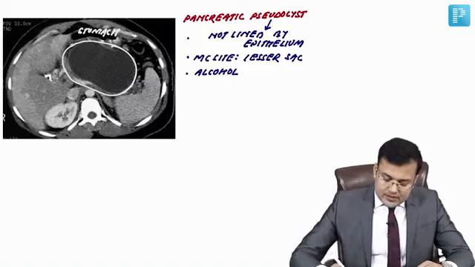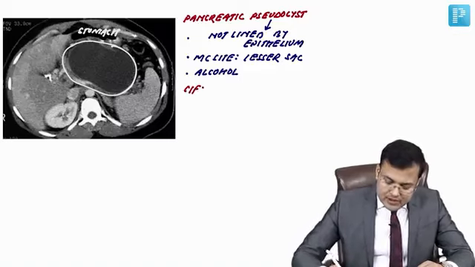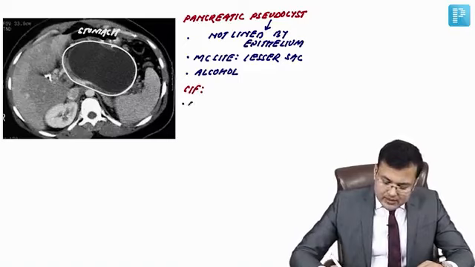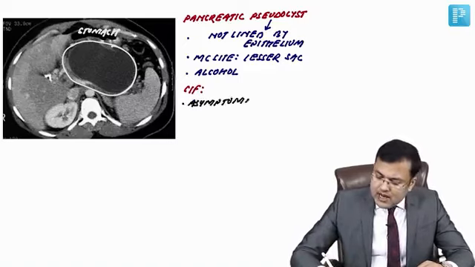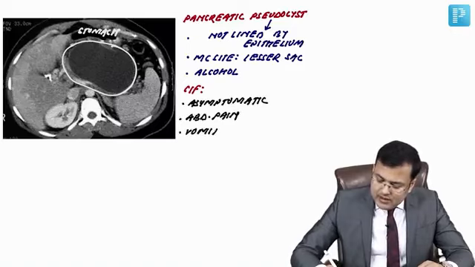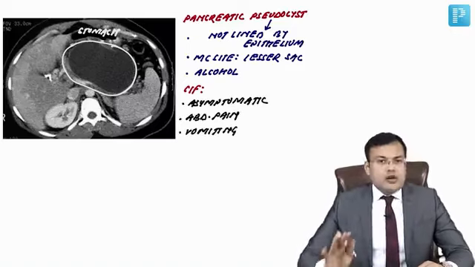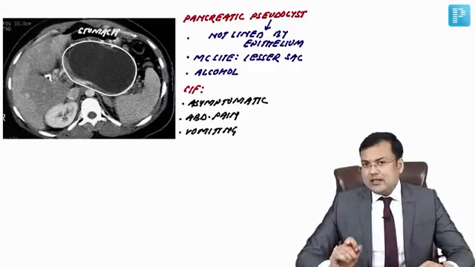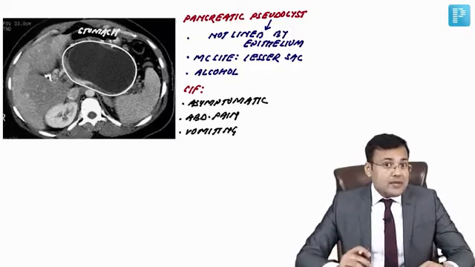So clinical features, majority of patients are asymptomatic. But if cyst is large, there is abdominal pain, and there is vomiting, non-bilious containing undigested food particles. What are the complications?